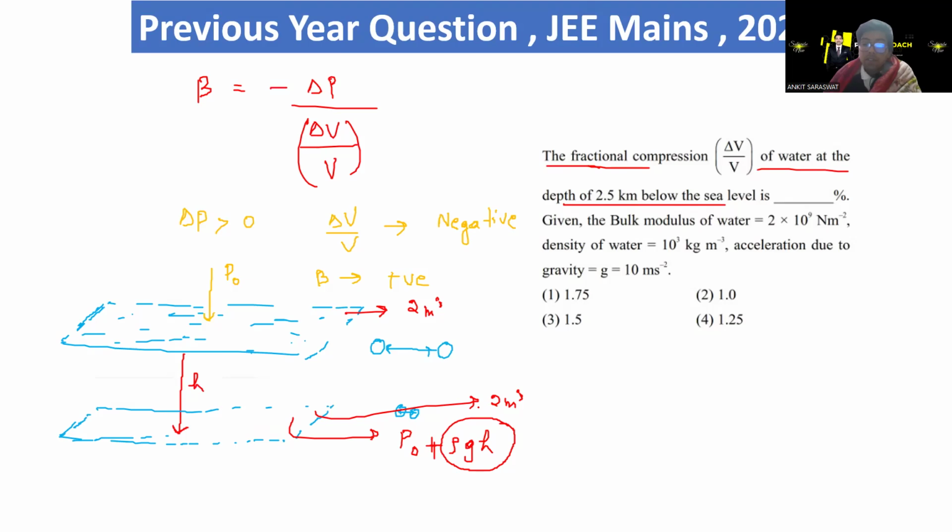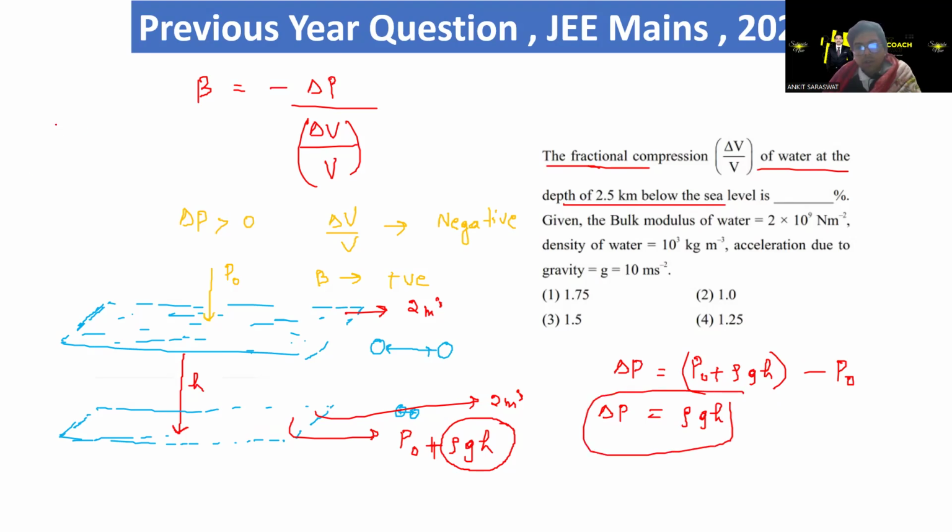This additional pressure is responsible. That's why we are taking delta P. Delta P will be P final minus P initial, the pressure at a depth of 2.5 kilometer minus the pressure at the surface. So it comes out to be rho gh.